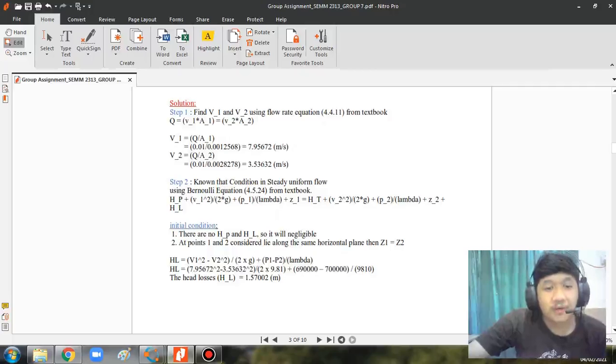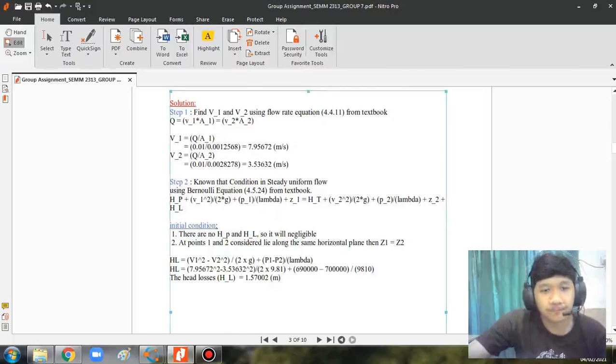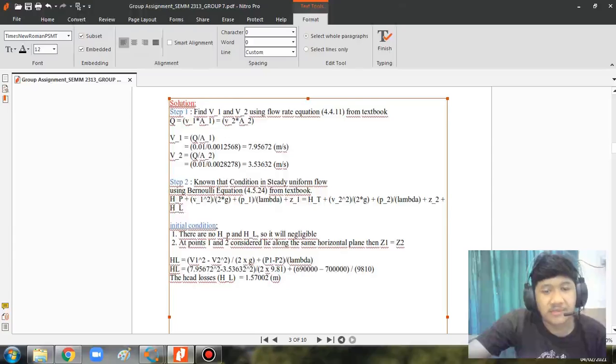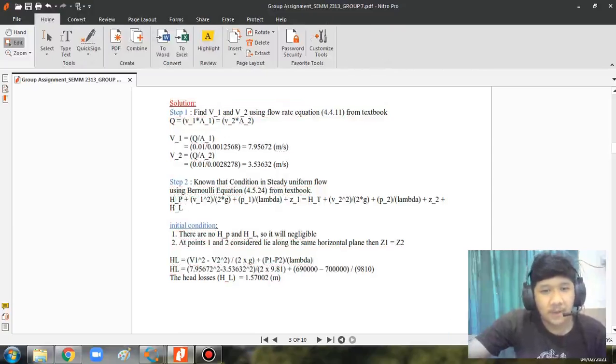So we have the second step. We use the Bernoulli equation. As we know, the Bernoulli equation on V2 only goes until here, right? There is no HL and HP. In this question, because we have the specific internal condition, we have steady uniform flow. So that's why we use this equation for finding the HL.